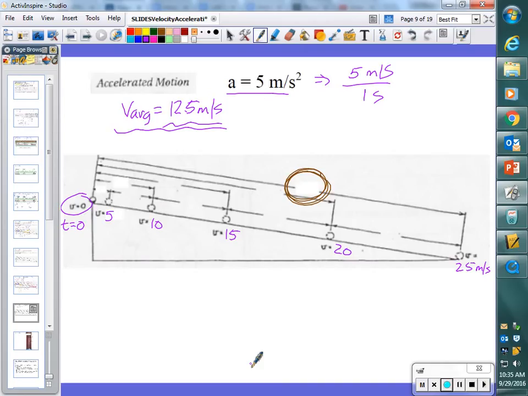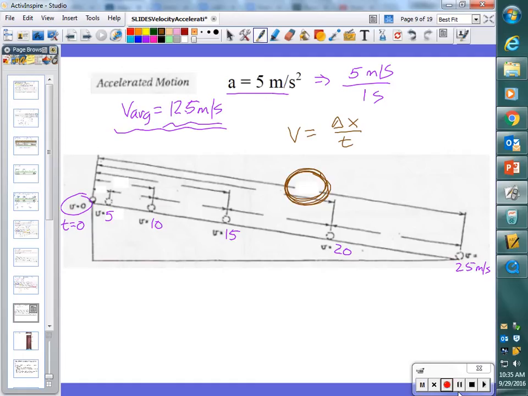Now, that's not what we ultimately wanted to find out. My ultimate question to you was, how long is this ramp? To figure that out, we're going to use the same relationship that we've been using to describe velocity. Velocity, regardless of how far or how long, is a relationship between displacement and time.